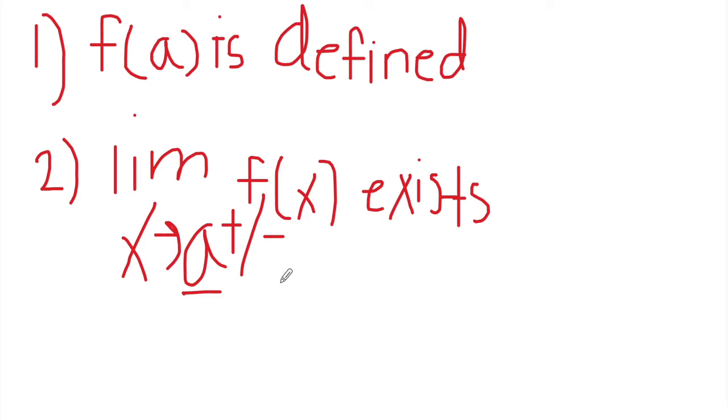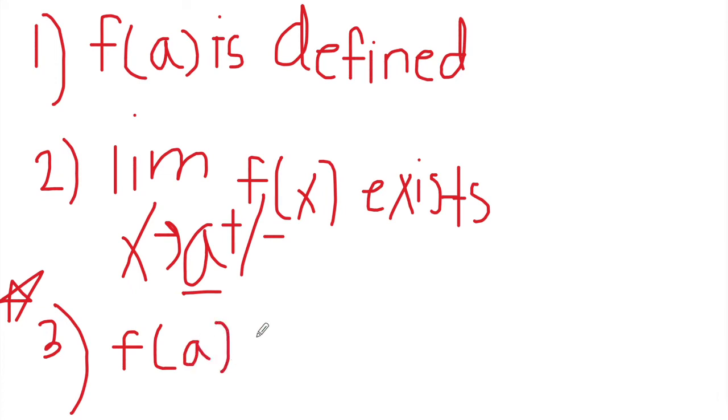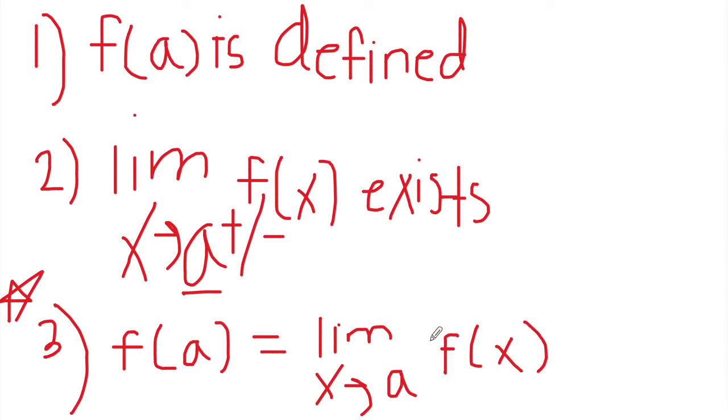If they're equal to each other, then the limit as x goes to a of f of x would exist. And then 3, this is the main step, the most important. f of a should equal the limit as x goes to a of f of x. If this is not true, then it's discontinuous or not continuous.